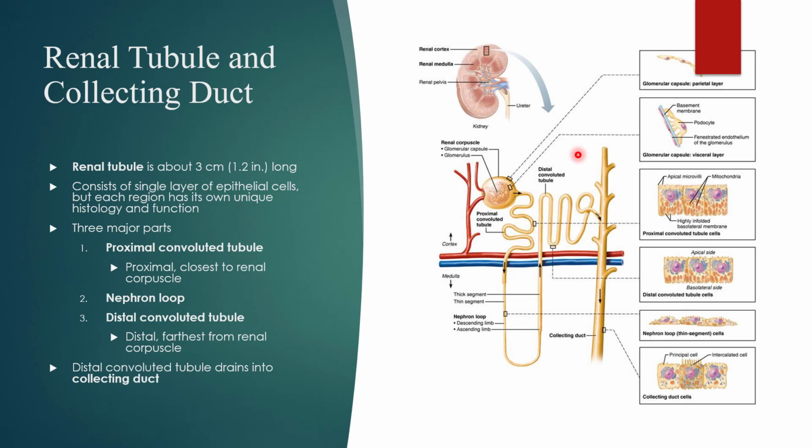Okay, now right here, this section right here is the cortex, and this section right here, at the bottom, is where you have the arcuates. These 2 blood vessels right here are the arcuate artery and the arcuate vein.